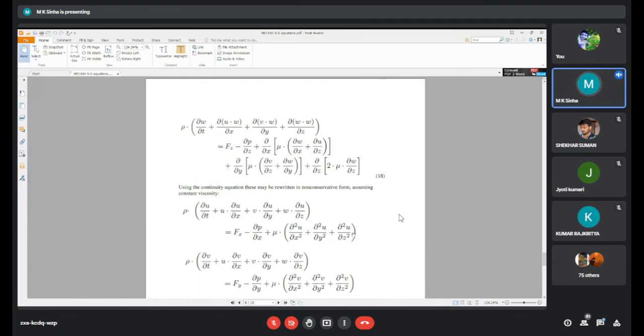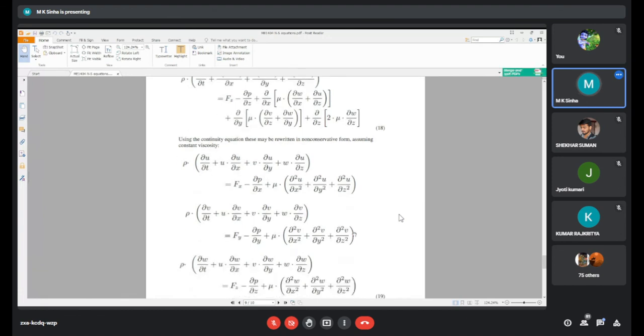So these are the three equations we got, the Navier-Stokes equations in the form where the unknowns are only the velocity components and pressure. This is free from the stresses, you can see, and these equations are generally used in our fluid mechanics, heat transfer and anywhere. This is the ultimate equation.